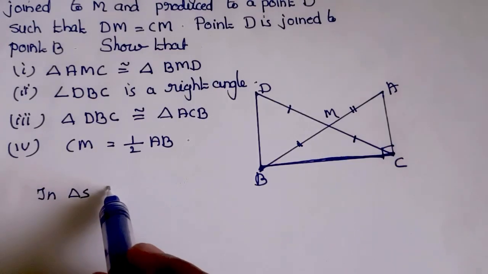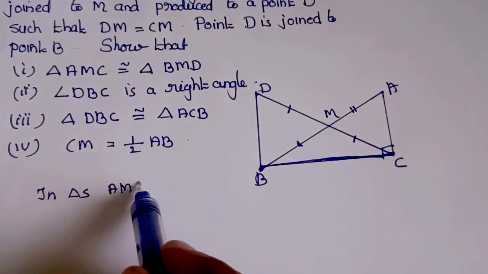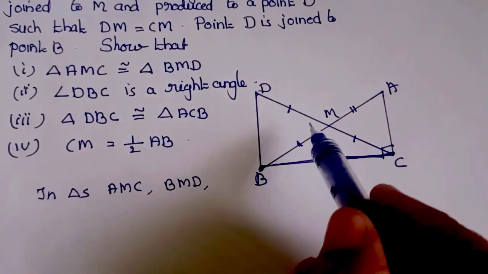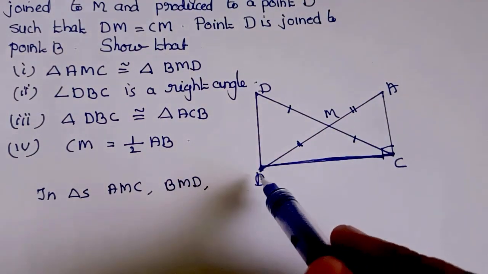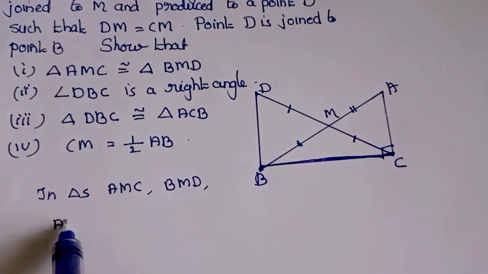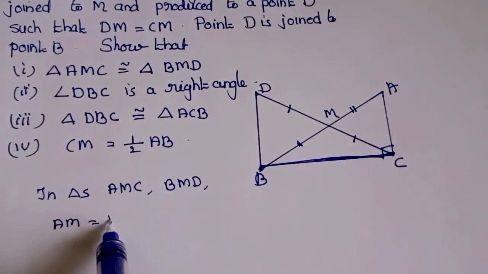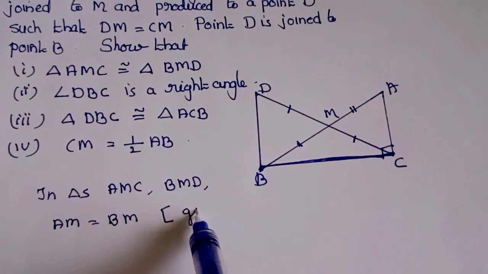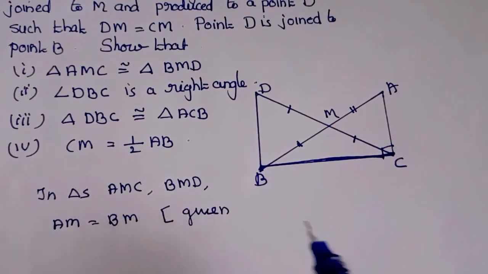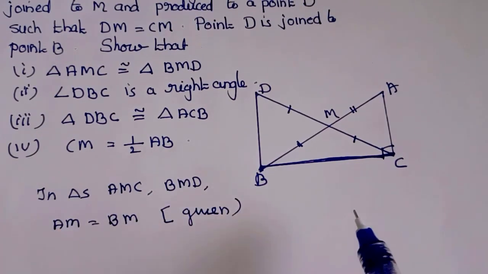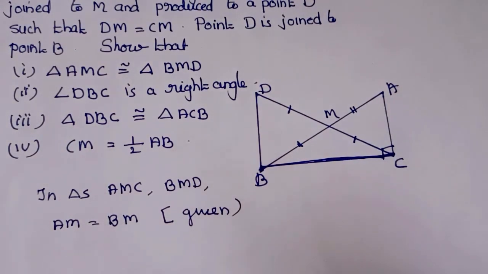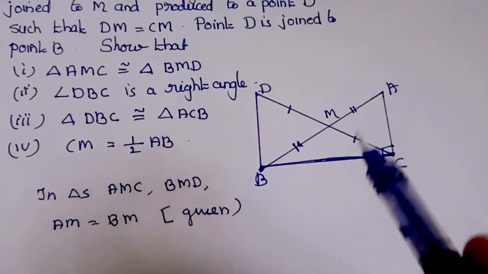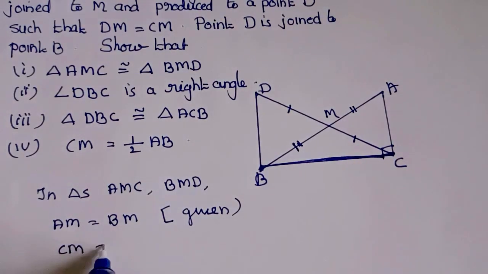So in triangles AMC and BMD, we have AM equal to BM, reason given, since M is the midpoint of AB. And CM equal to DM.